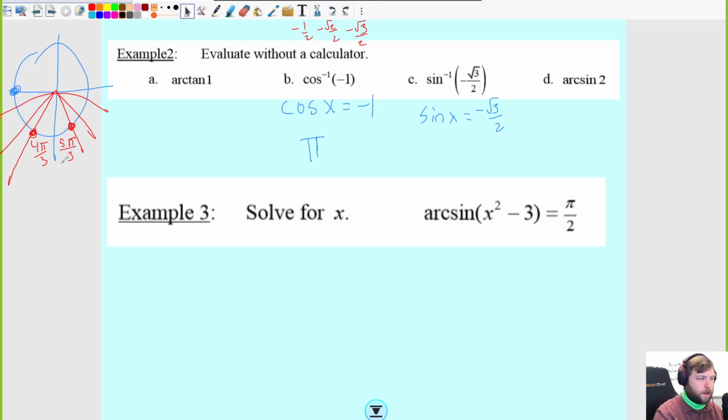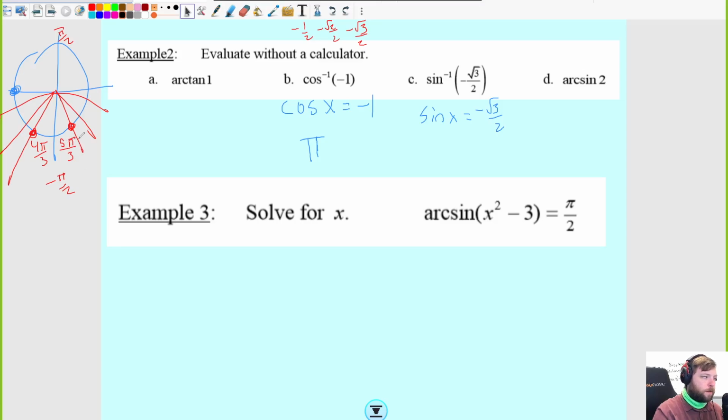All right? But my answer is not 4 pi over 3 or 5 pi over 3. This is where that domain matters, because I'm dealing with the right side, the right gang right here, and the right gang has to go from pi over 2 to negative pi over 2.